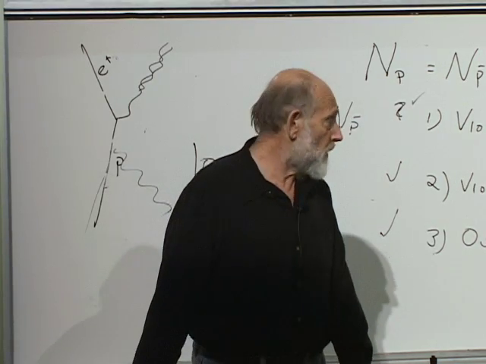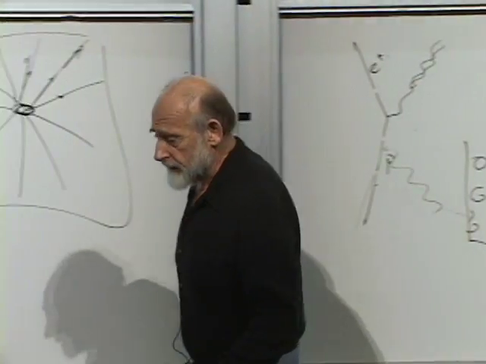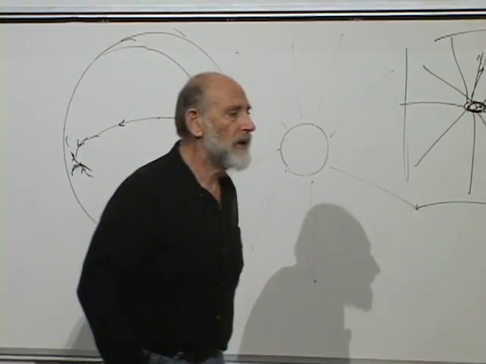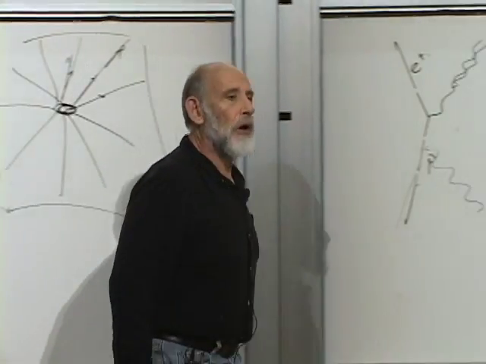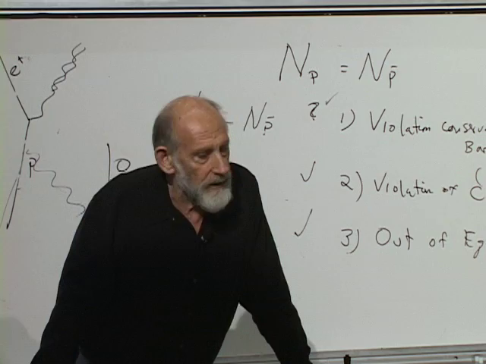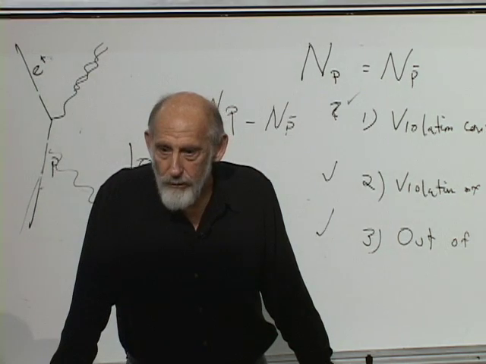So originally, the early questions about the subject had the whole story upside down. Instead of asking why there were so few protons relative to photons, the question was asked the other way. Why are there so many photons relative to the number of protons?